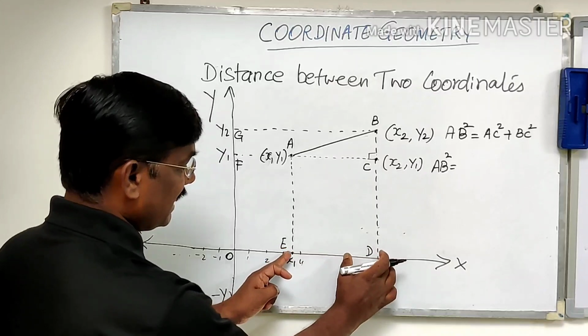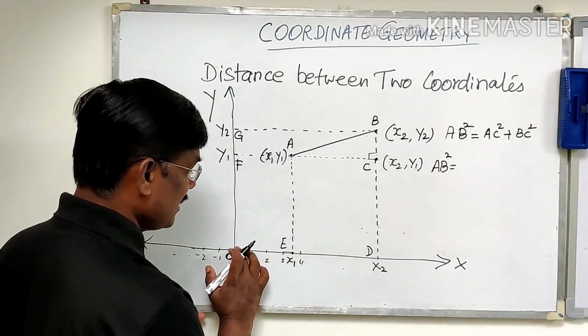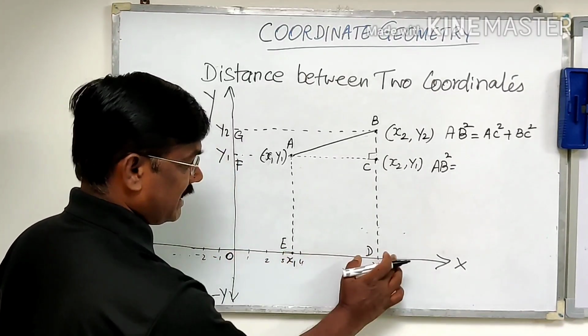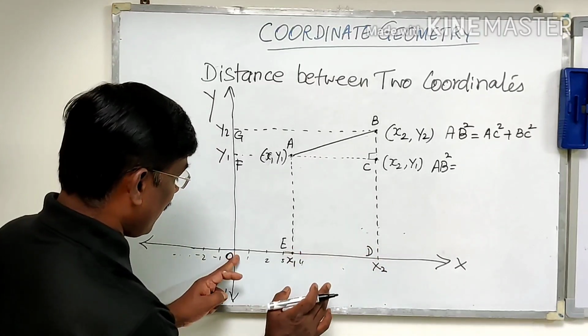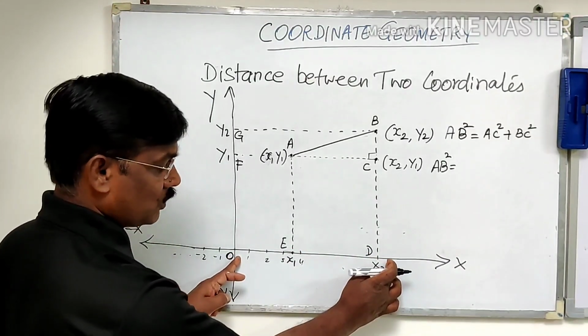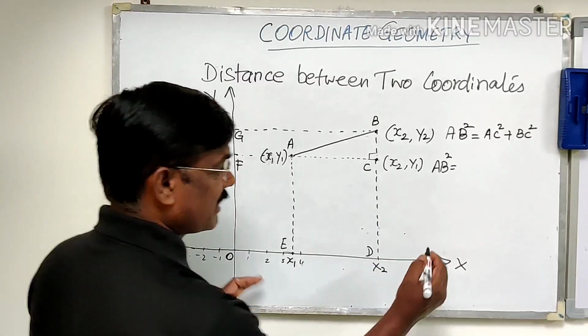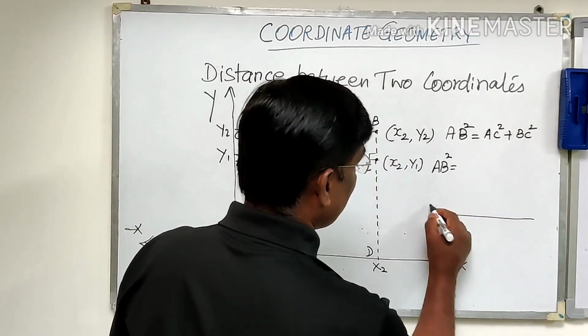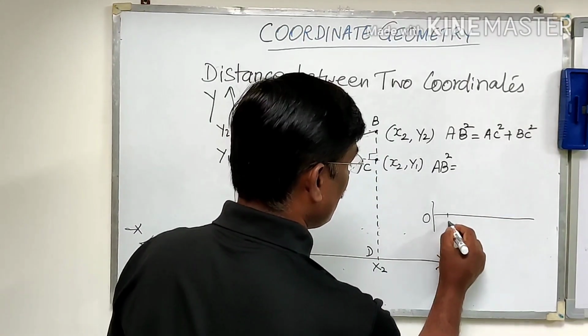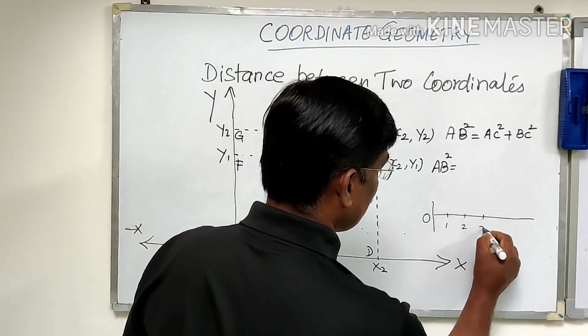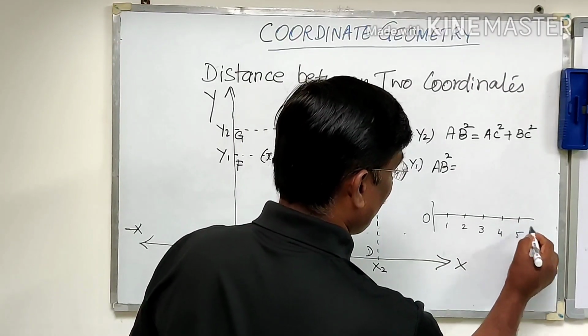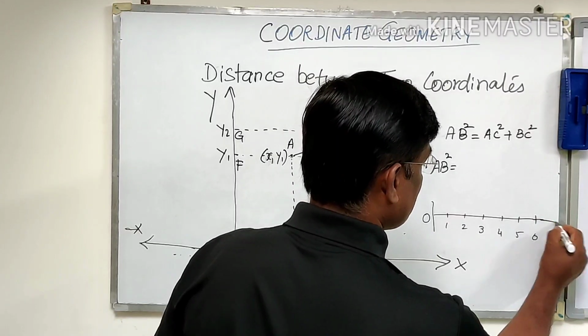What is ED? Both the points are on the x-axis, so from here to here it is x2. The length is x2. For example, take a number line 0, 1, 2, 3, 4, 5, 6 and 7.